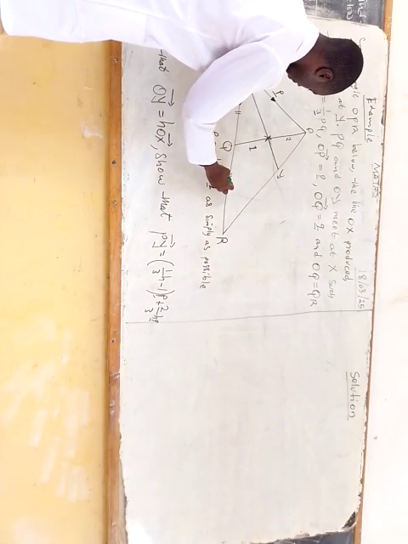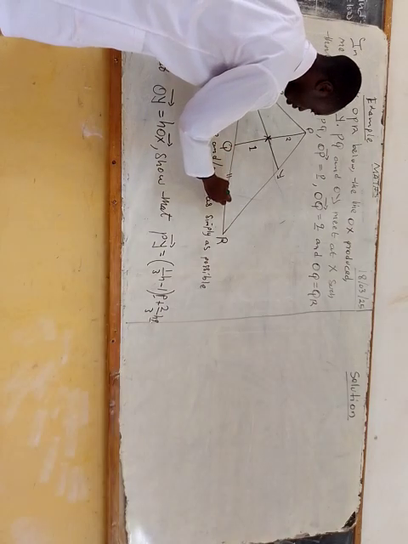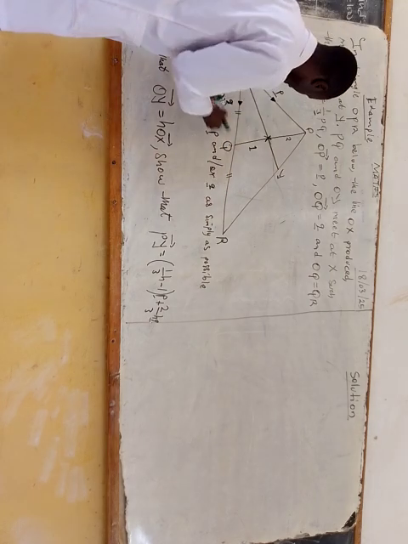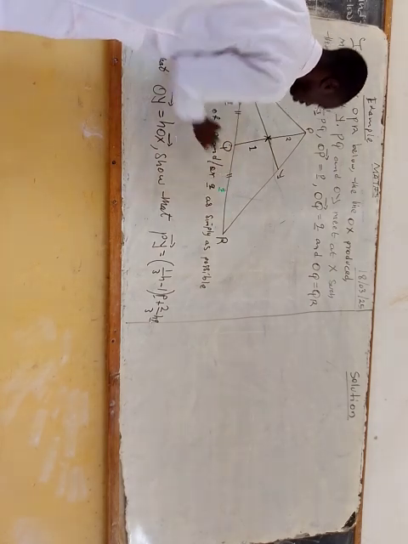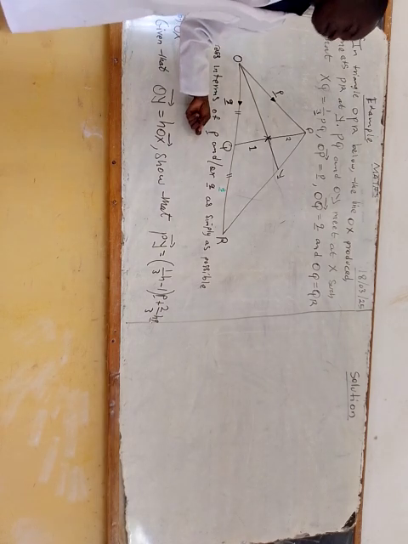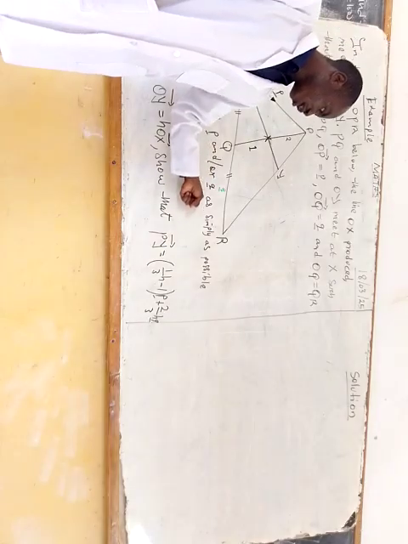Meaning even here we have vector Q, isn't it? That's what it means.